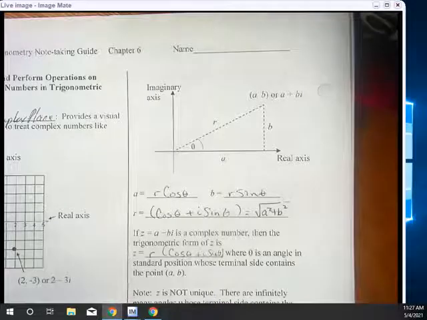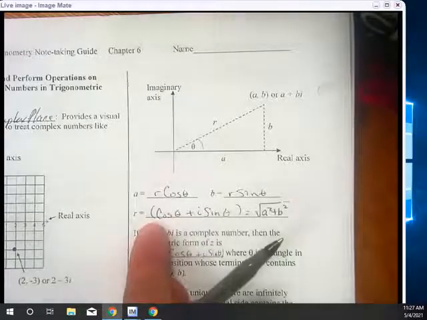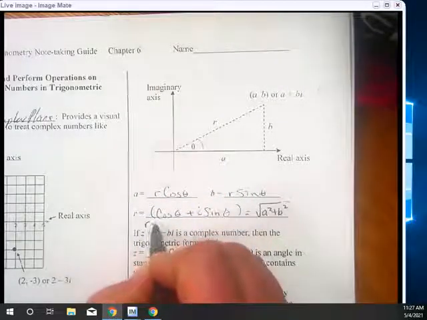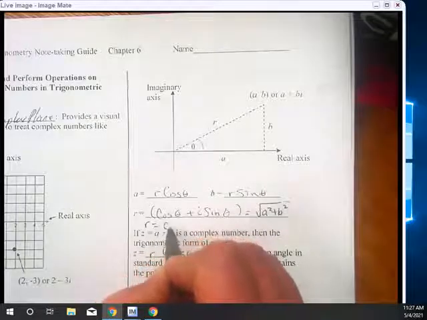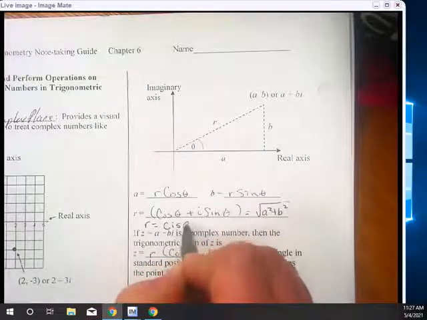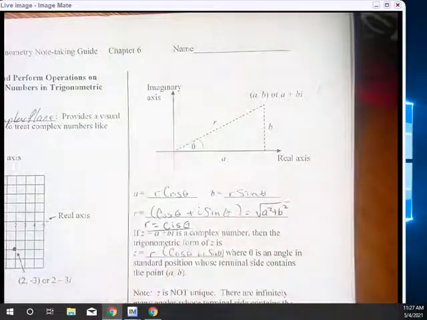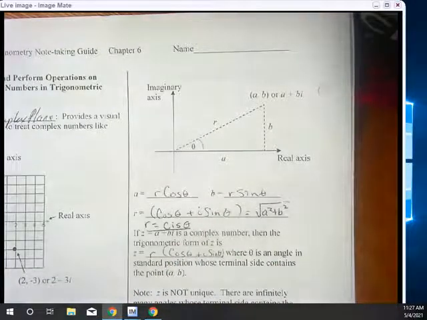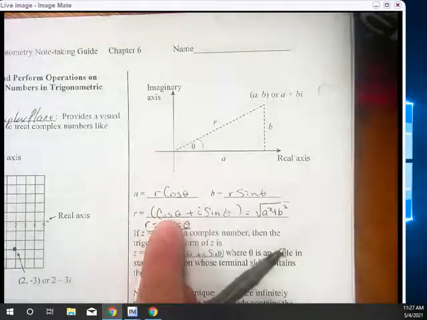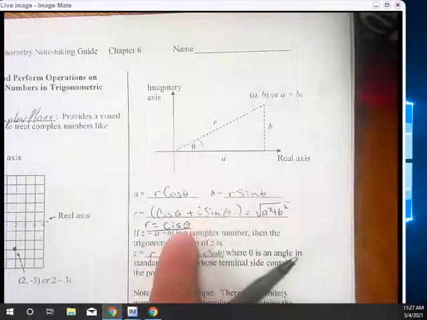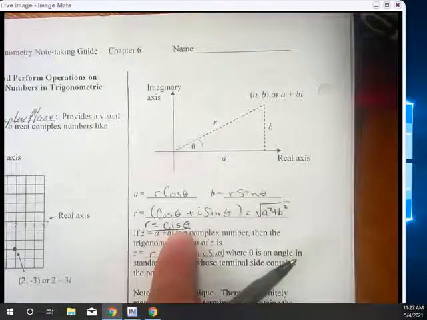And you will see an abbreviation of this, r cis theta, cosine plus the imaginary i times the sine of theta. Yeah, I don't like that, but it is what it is.